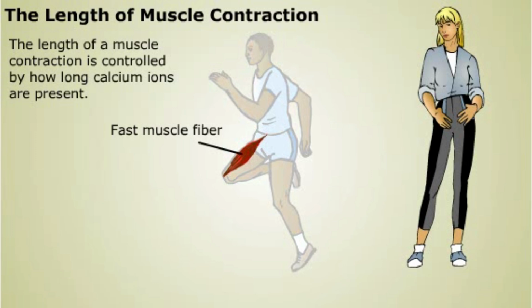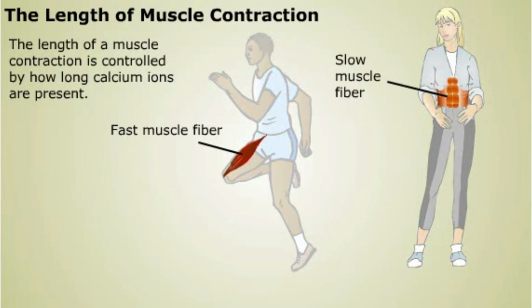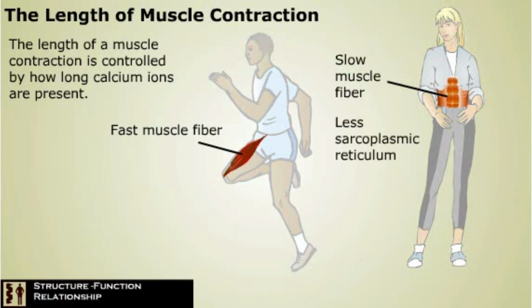They are used for short, powerful contractions like sprinting. Slow muscle fibers contract for a longer period of time and are used, for example, to maintain good posture. Slow muscle fibers have less sarcoplasmic reticulum, so the calcium released to cause the contraction is not reabsorbed as quickly, and the contraction lasts longer.